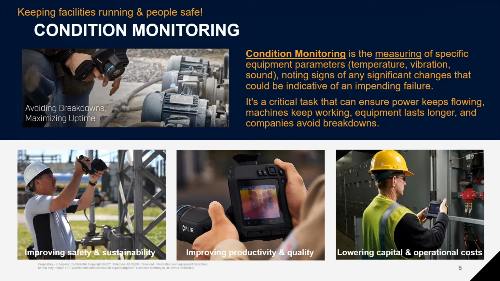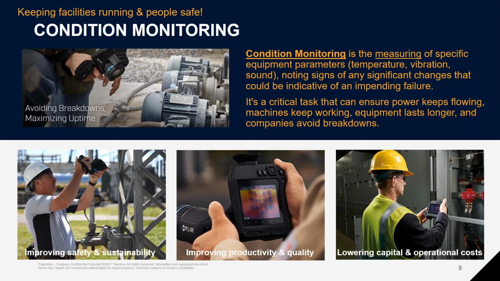What is condition monitoring? The idea of condition monitoring is to create a program that measures or monitors temperature, vibration, sound, anything of that sort of equipment. Make sure that any early signs of failure or breakdown are noticed way ahead of time to avoid any costly breakdown.